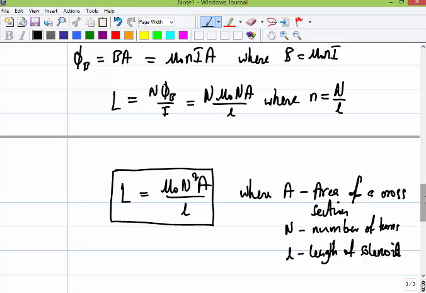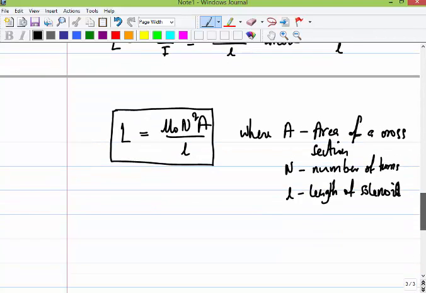Let me draw an example for you. You have a solenoid like this, and the current is going this way, and the field this way, and it comes out on this end.